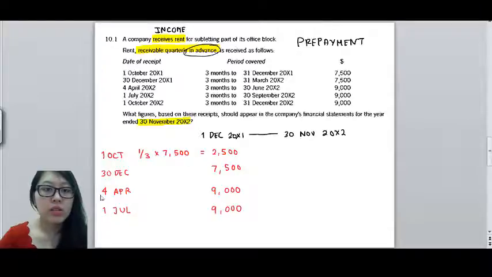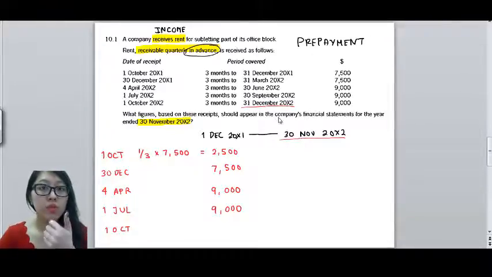Now let's take a look at the 1st October receipt. The 1st October receipt covers up until 31st December 2002, $9,000. But our financial year stops on 30 November, so we can only recognize as earned up until 30 November. So October and November, so that means 2 months.